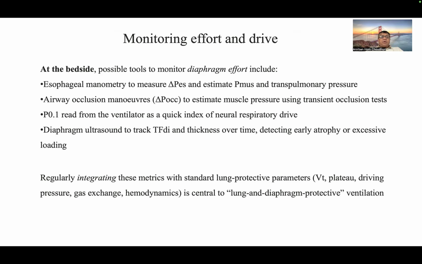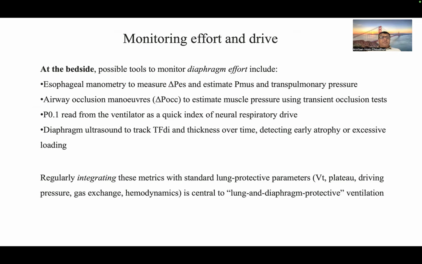So at the bedside, the possible tools to monitor diaphragm effort include esophageal manometry, which can measure the change in the esophageal pressure and estimate the inspiratory muscle pressure and the transpulmonary pressure. Airway occlusion maneuvers to estimate muscle pressure using transient occlusion tests. So the P0.1 that is read from the ventilator is a quick index of the neural respiratory drive.